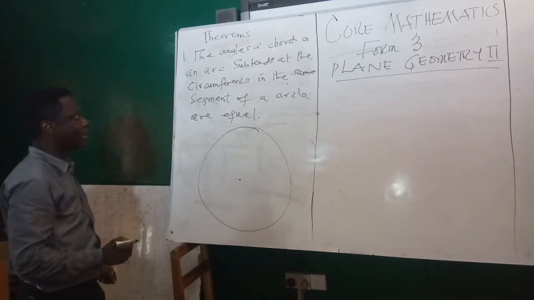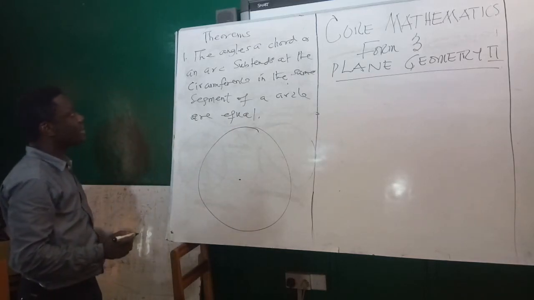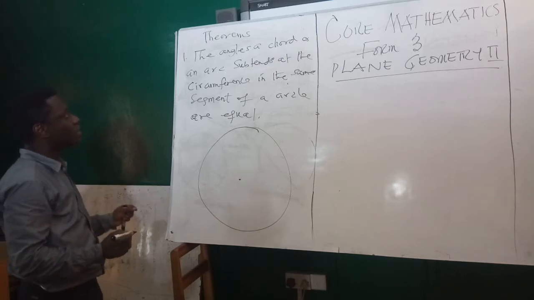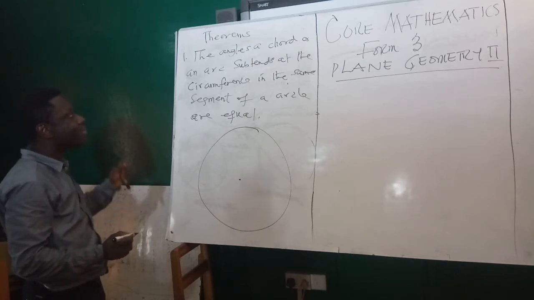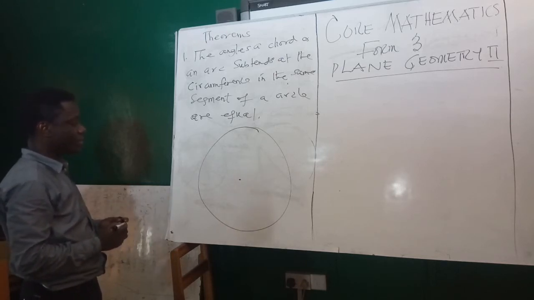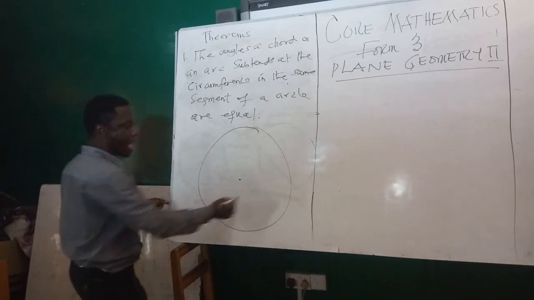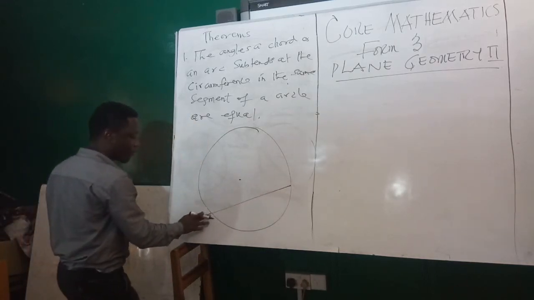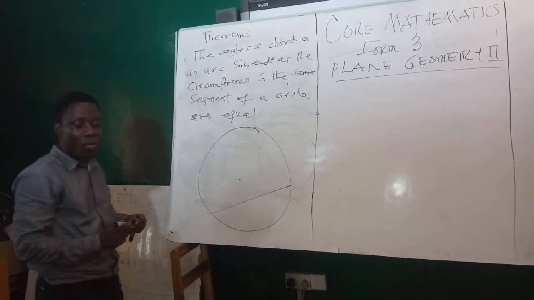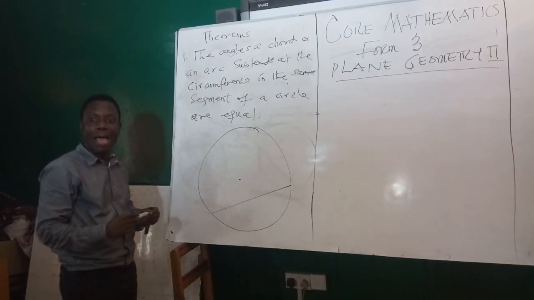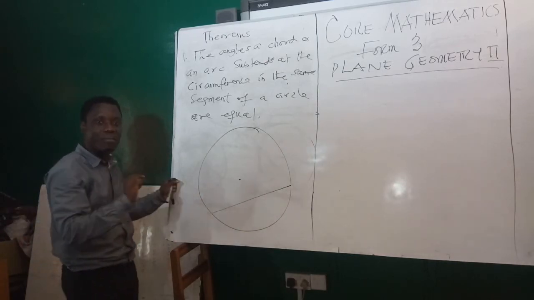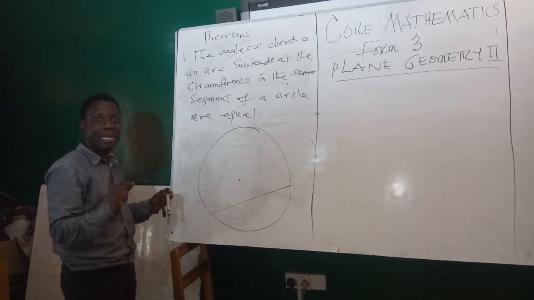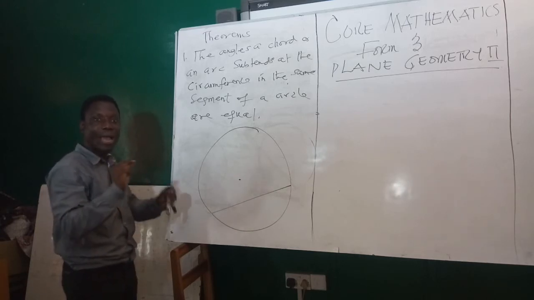and with a center, right, we are saying that the angles a chord or an arc subtends at the circumference. So if, for example, I have a chord here, when I talk about a chord, I'm actually talking about the ends of the chord. In the actual application, you look at the ends of the chord.